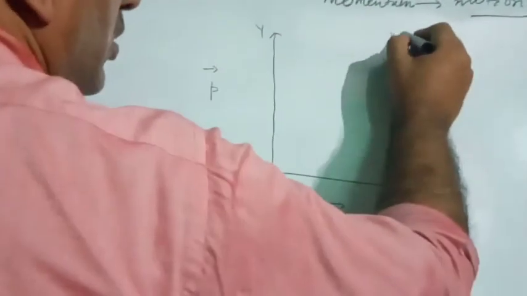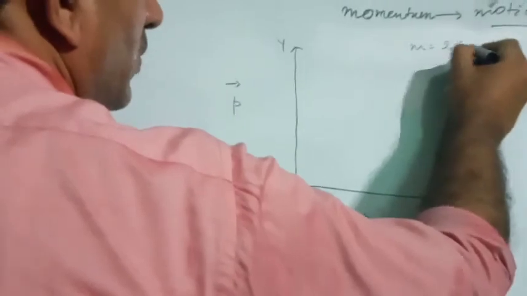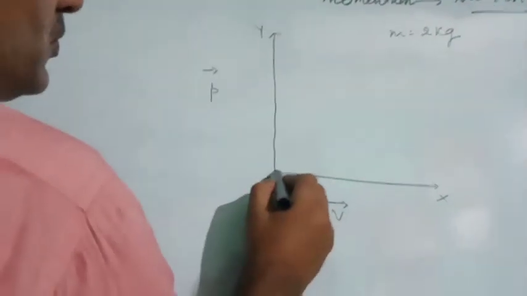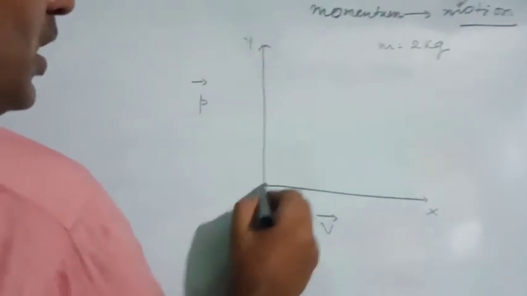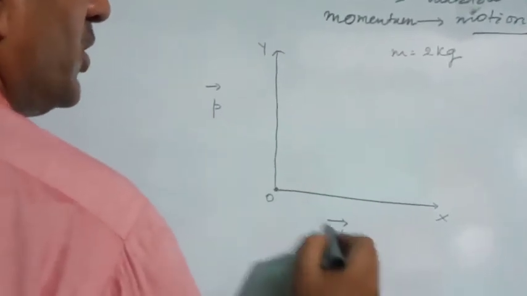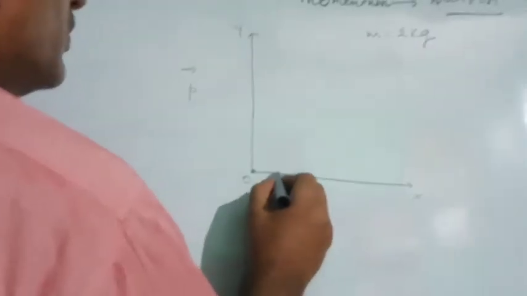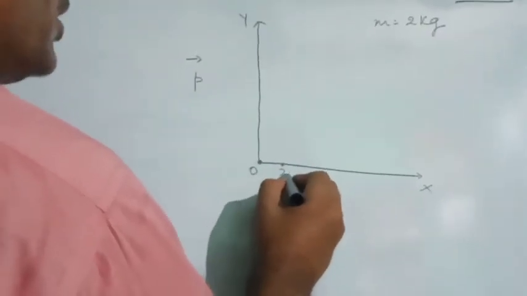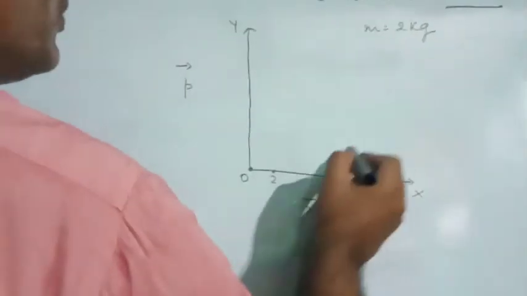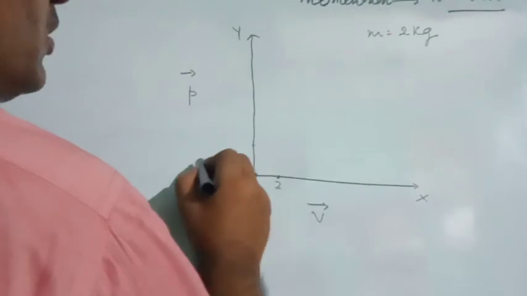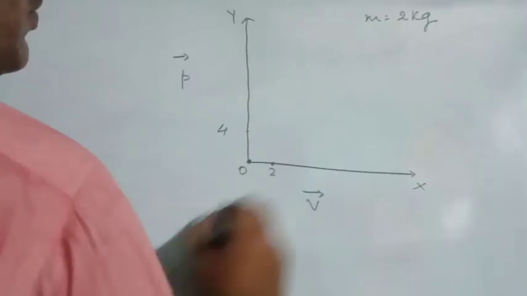Suppose the mass of the body is 2 kg. The velocity is 2 meter per second, then momentum will be 4 kg meter per second.